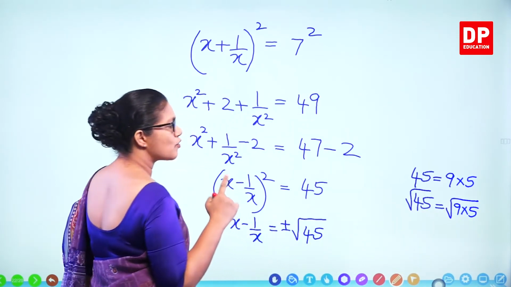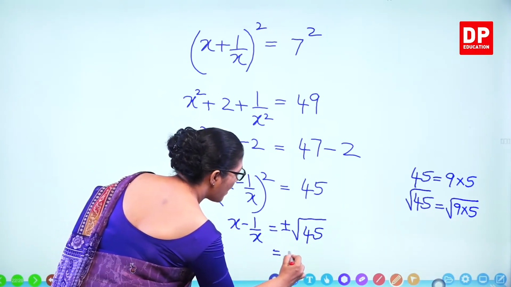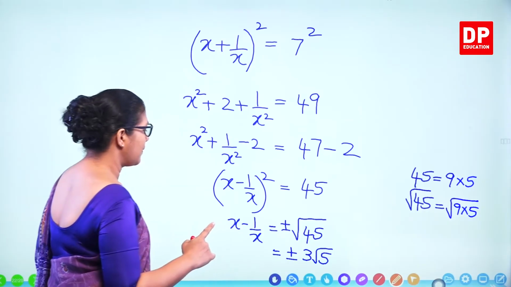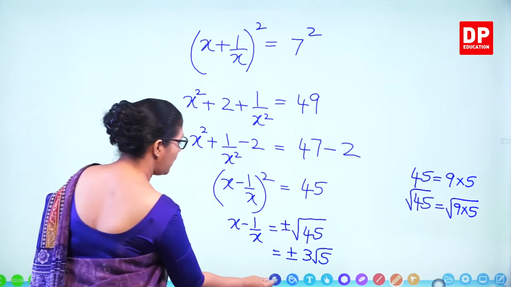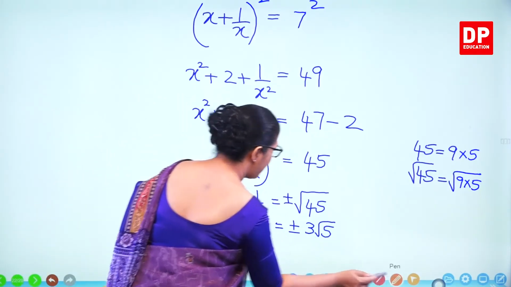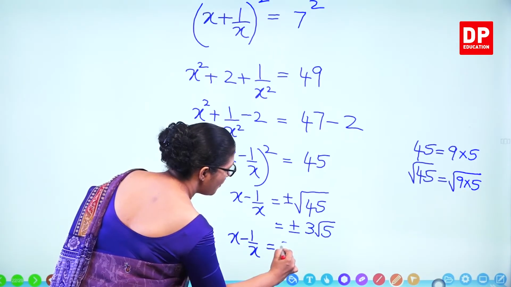You can write square root of 9 is 3, 3 root 5. You need only the positive value. So you can finally write x minus 1/x is 3 root 5.